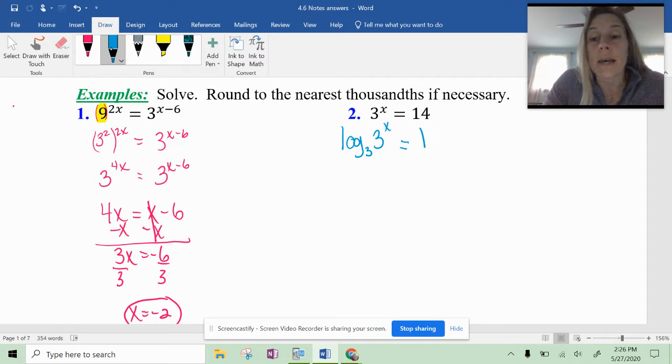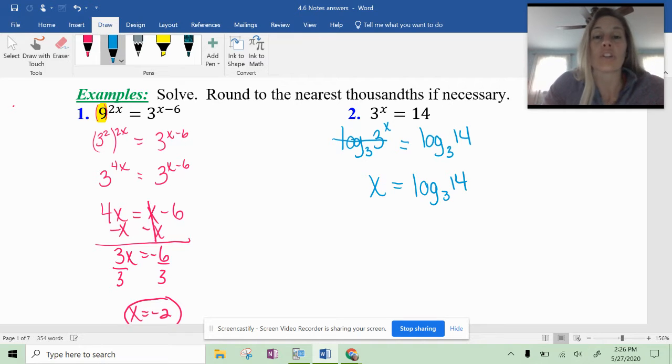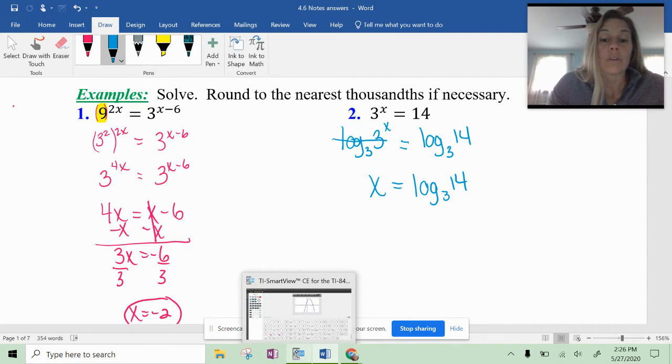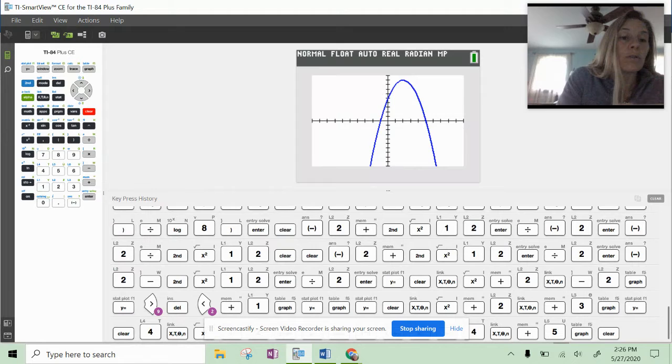But whatever you do to one side of an equation, you have to do to the other. So we're going to log base 3 of 14 on the other side. So now this side is just x, and x is going to equal log base 3 of 14, which you're going to have to do on your calculator, which is why the directions say round to the nearest thousandths if necessary. So when you go to your calculator, we have 2 different options.